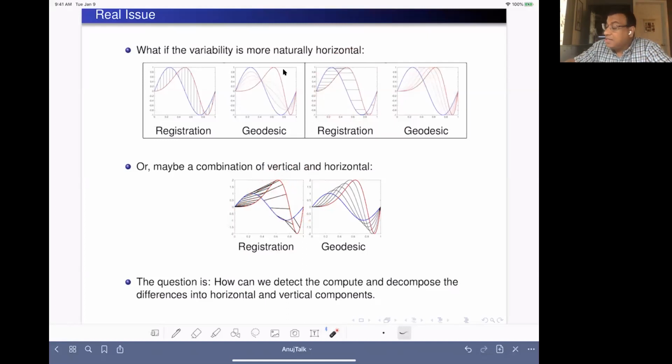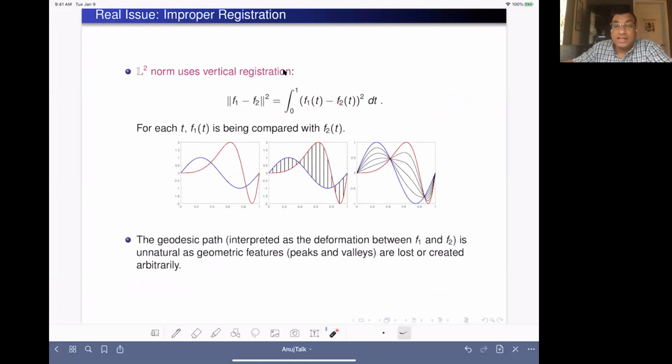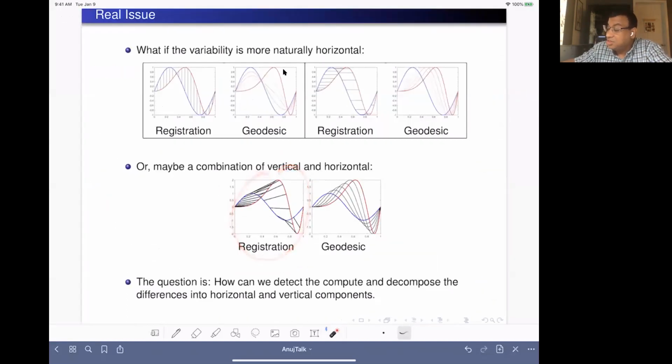So I want to start using more general registration between the functions. I want to discard this use of vertical registration. In other words, I want to completely discard using L2 norm. I want to use this kind of registration. And if I use this registration to do an interpolation, you can see I get a very beautiful interpolation between the blue curve and the red curve.